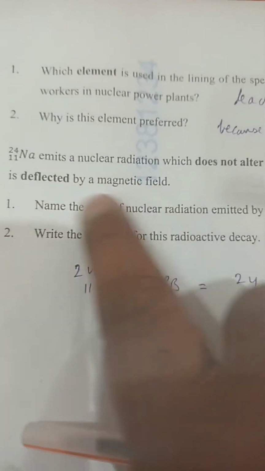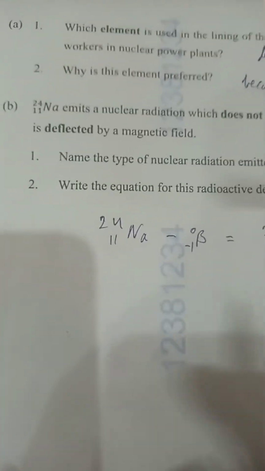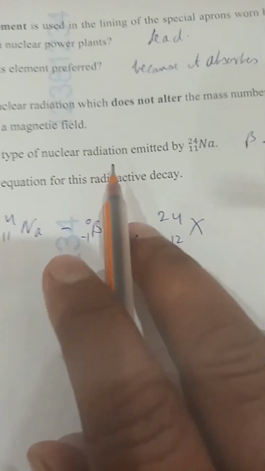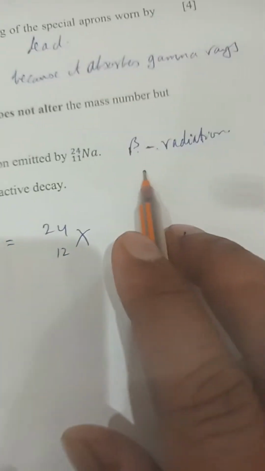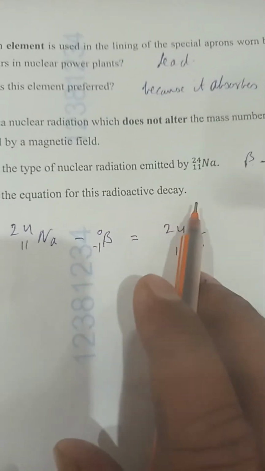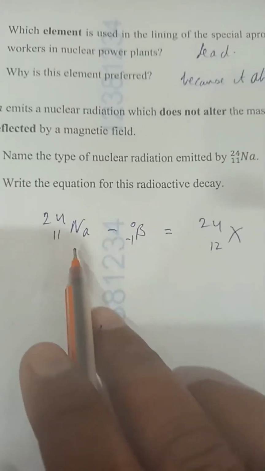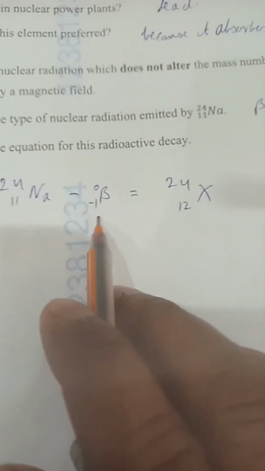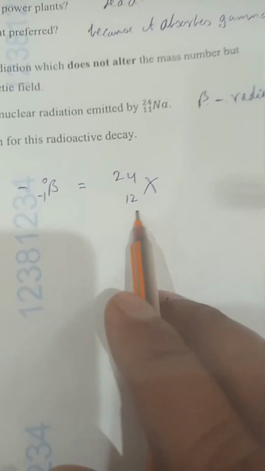But gamma rays don't get deflected by the magnetic field. So the answer is beta ray. Name the type of nuclear radiation emitted by this, that is beta radiation. Now write the equation of this radioactive decay. So 24Na11 gives 0 beta minus 1 plus 24X12.